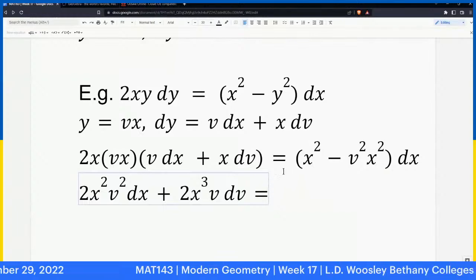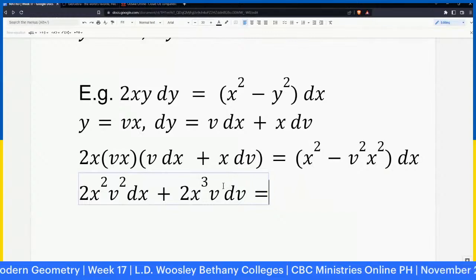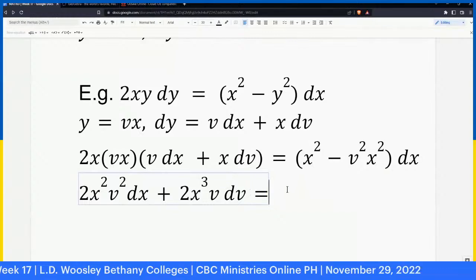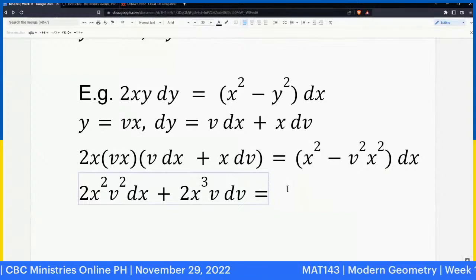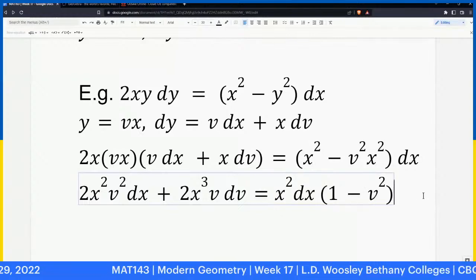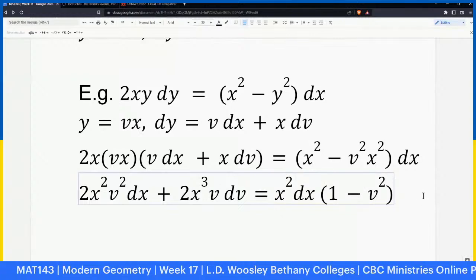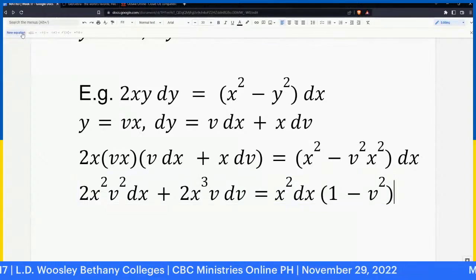May common factor ba to? X cubed. X cubed, no? Pwede palang. So, pwede siyang mag-cancel, no? X cubed. So, kung ganon, tama. Pwedeng mag-x cubed, no? So, extract natin yung x cubed.